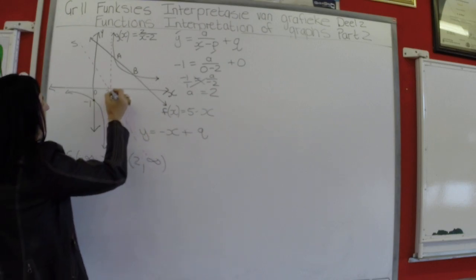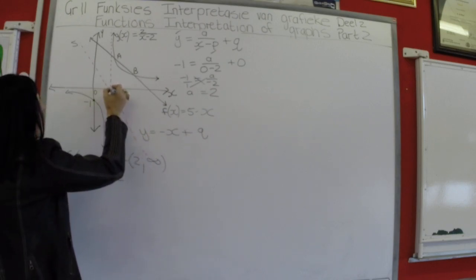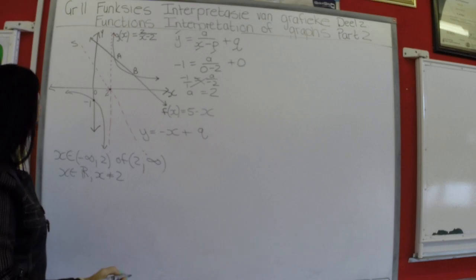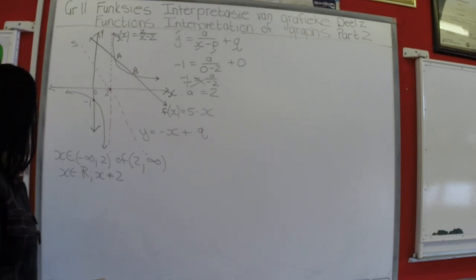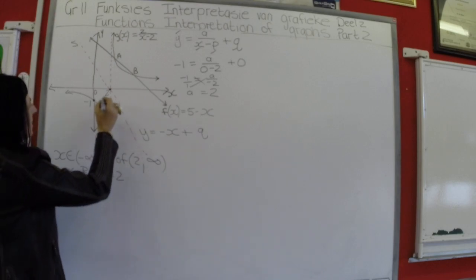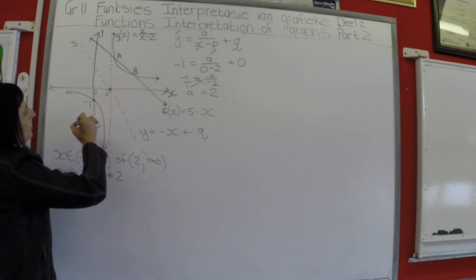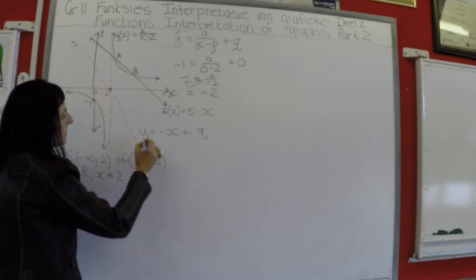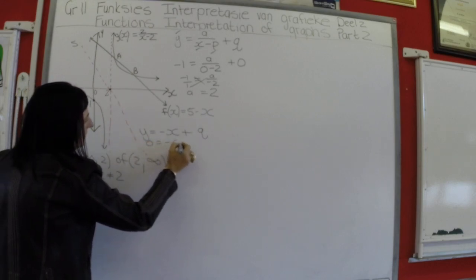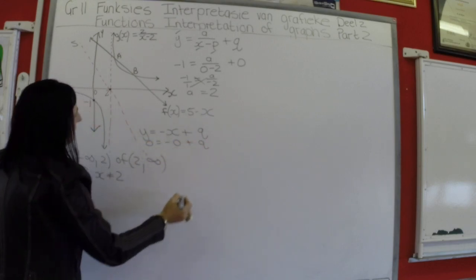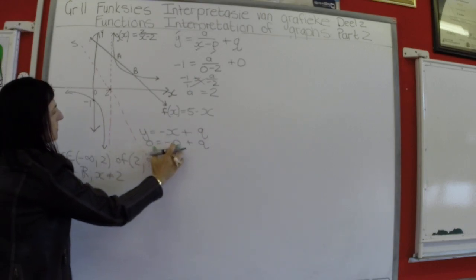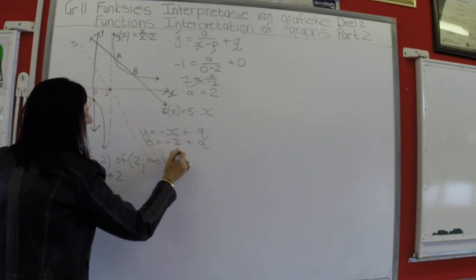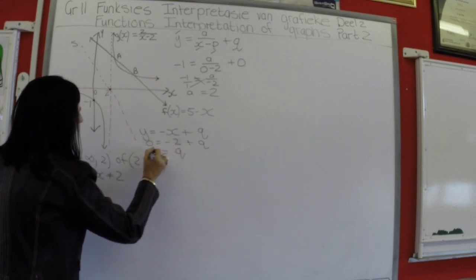So I'm gonna insert that cutting of the x value and y value as 2, 0. So as ek dan vir q kry, dan sien ons 2, 0, that q equals 2.